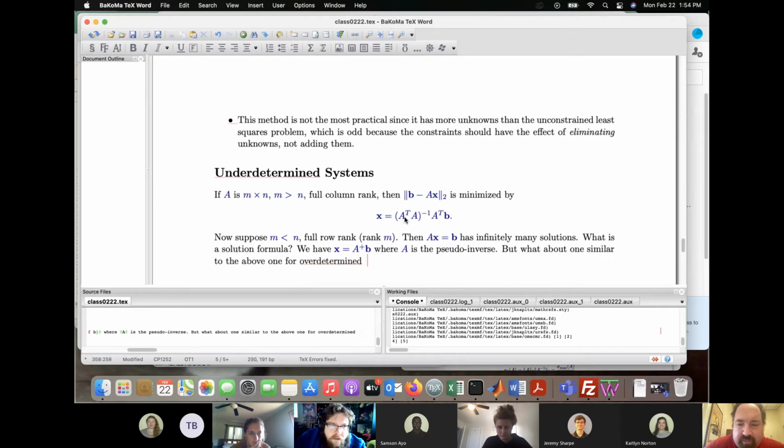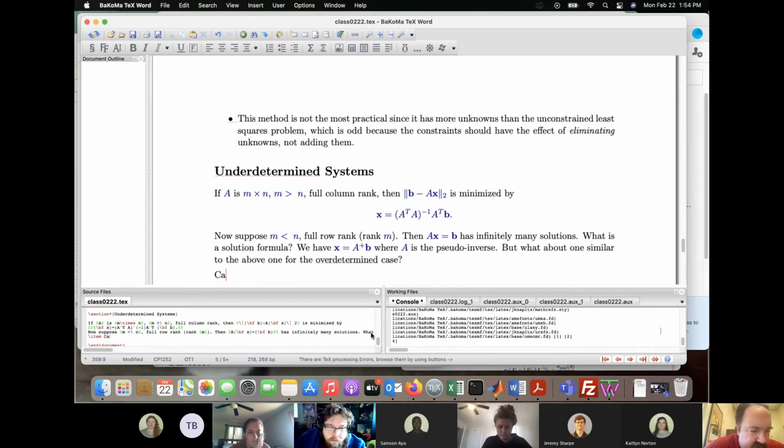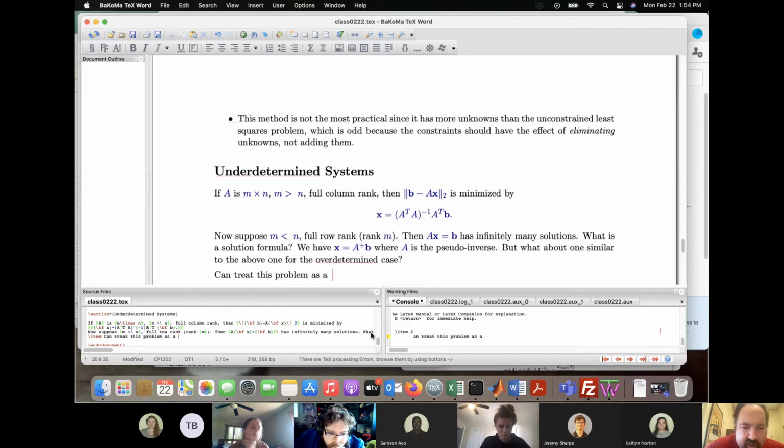But it turns out there actually is a solution formula for the underdetermined case that's similar to this one for the overdetermined case. And I actually use what I've just been talking to you about, a least squares problem with linear constraints.